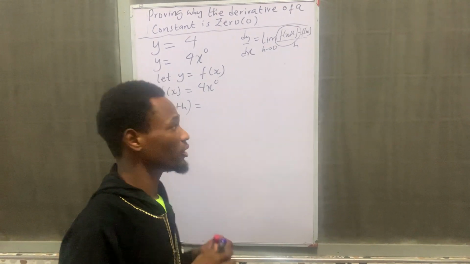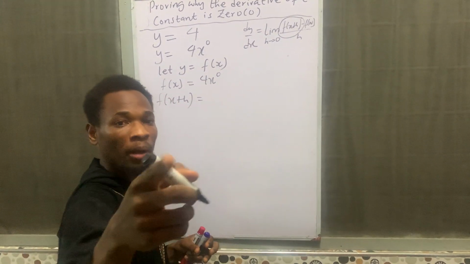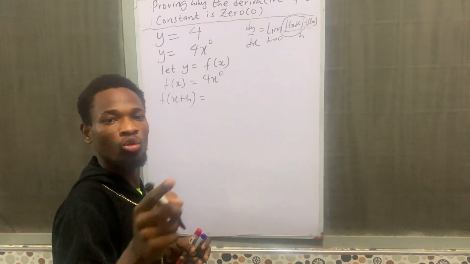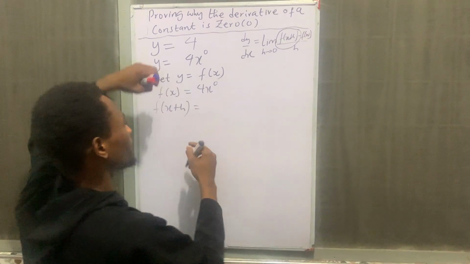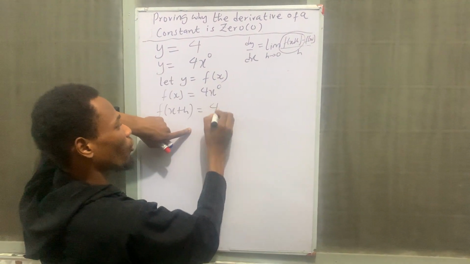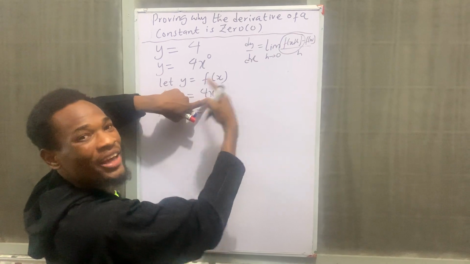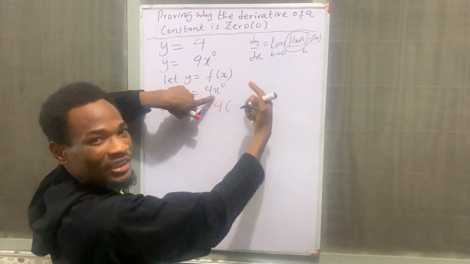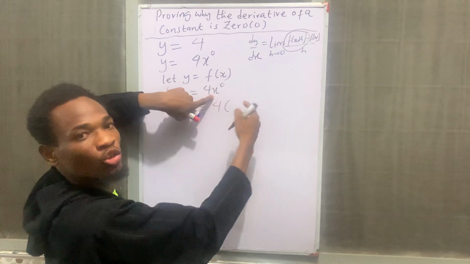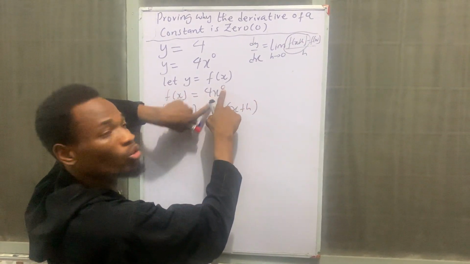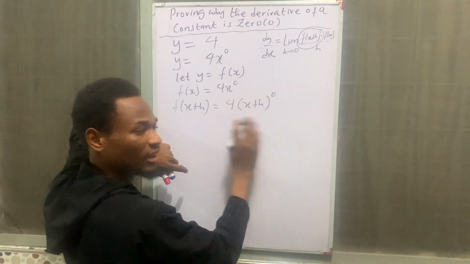I'll also do some videos concerning differentiation from first principle so you understand it better. So I have my 4. Now I have x here, so wherever I see the x, I'll modify it to x plus h. The only difference is I'm adding h to the x. So here will be x plus h, and here it is to the power of 0.